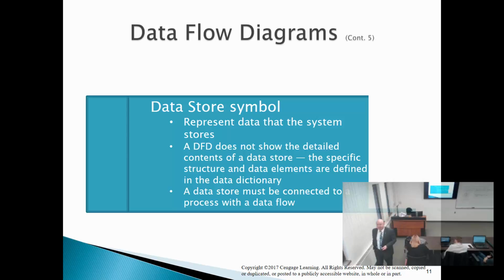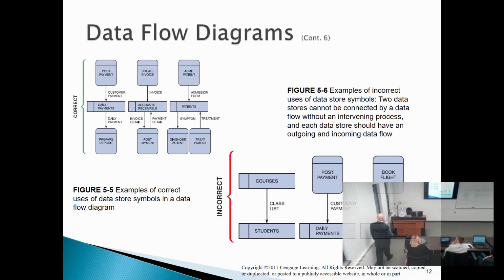Now, a store must be connected to a process with a data flow. So we can't connect data stores together. We would still have a copy process in between if we were trying to do that. So here are examples of correct and incorrect ways of looking at data stores.